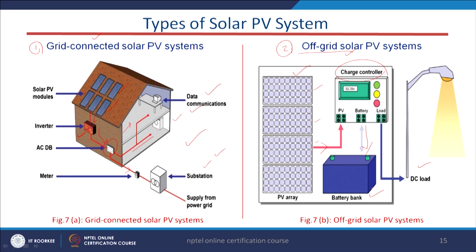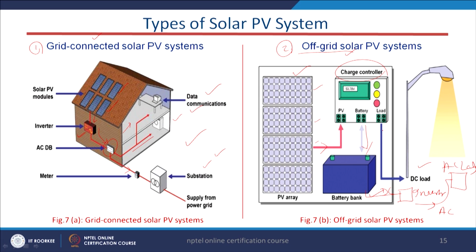The battery bank basically stores the energy, and sometimes the battery bank is also connected to the inverter. This inverter converts the DC to AC supply, and this power goes to our AC loads.